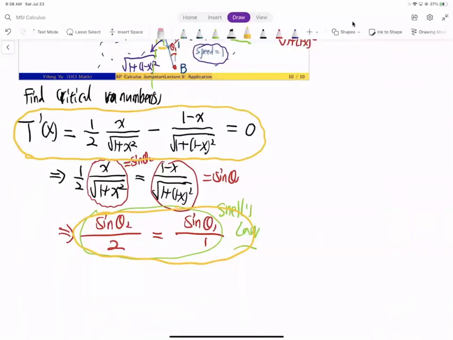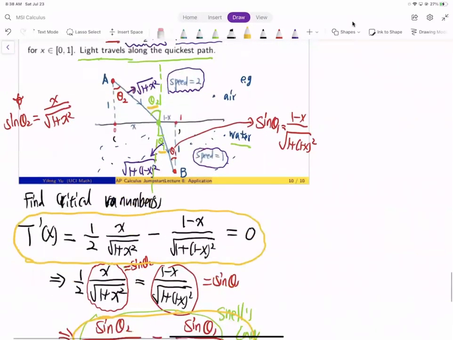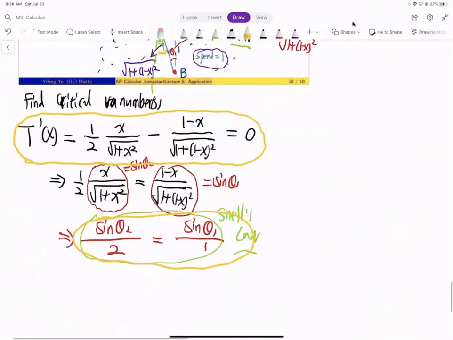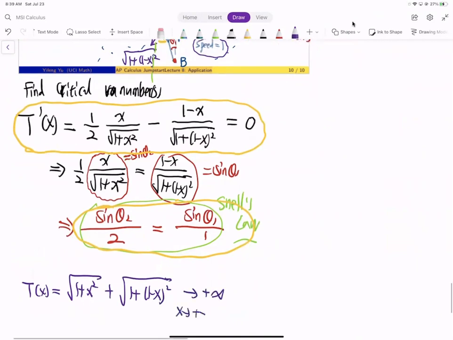Analytically, if you want to say why this is the absolute minimum, not the absolute maximum, that's because if you recall the function T(x), the square root of 1 plus x squared plus the square root of 1 plus (1 minus x) squared, this function will go to plus infinity if x goes to plus infinity or x goes to negative infinity.